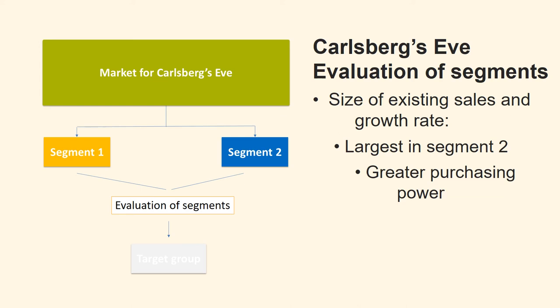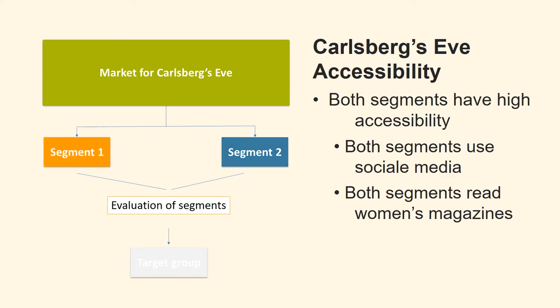Size of existing sales and growth rate of segment 2, women aged 30 to 36, is larger than segment 1, women aged 22 to 28. The women in segment 2 have greater purchasing power due to their job situation. Both segments have high accessibility and are easy to get in contact with through social media and women's magazines.